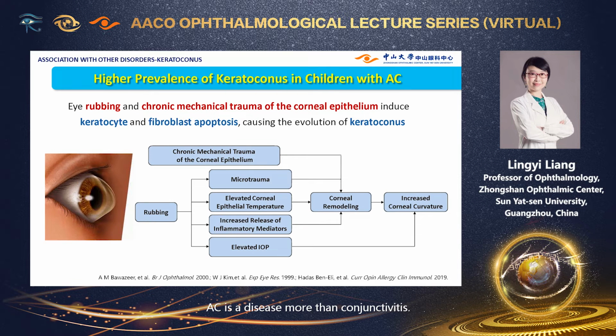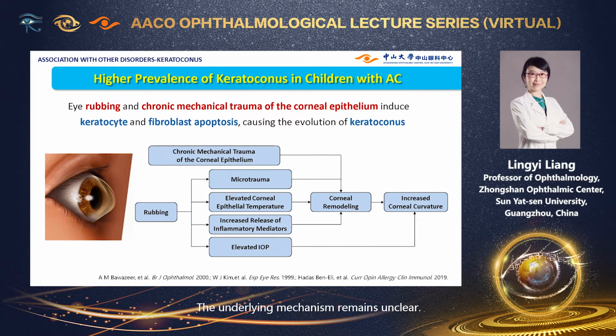AC is a disease more than conjunctivitis. Recently, a significant correlation has been found between AC and keratoconus. Patients with chronic allergic conjunctivitis, especially vernal keratoconjunctivitis and atopic keratoconjunctivitis, have a much higher risk of developing keratoconus, and patients with keratoconus have a much higher prevalence of AC past history.